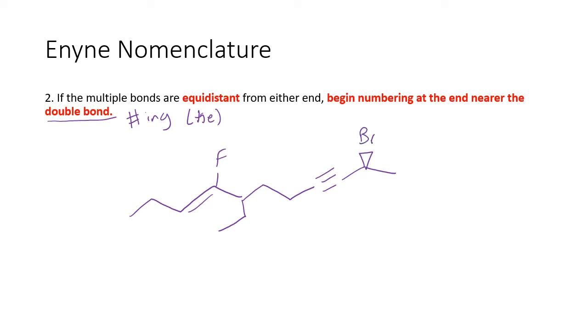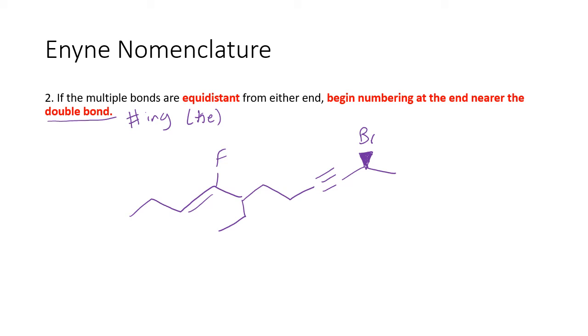You could also start seeing some stereo centers mixed into your molecules. So notice how the bromo is being drawn on a wedge. We have a double bond in this molecule, a triple bond, we have E versus Z for the double bond, and we have a chiral center that's being indicated where we're going to have to determine R versus S in the name as well. So the new rule here is for the numbering.